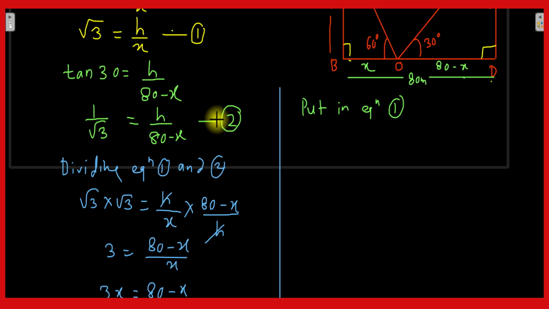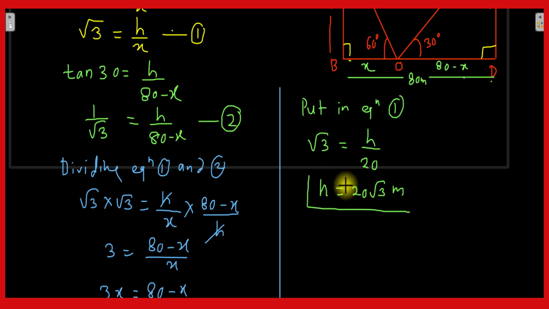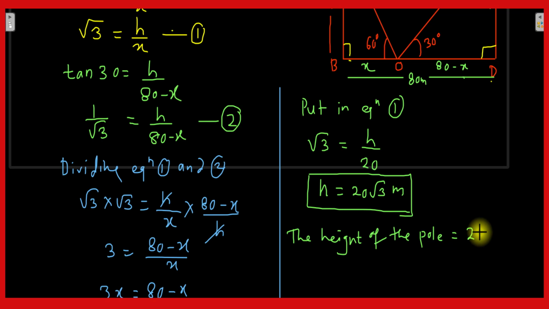So we will get root 3 equal to h upon x. We have got the value of x as 20, and therefore h is equal to 20 root 3 meter. So at the end, write the answer that the height of the pole is equal to 20 root 3 meter.